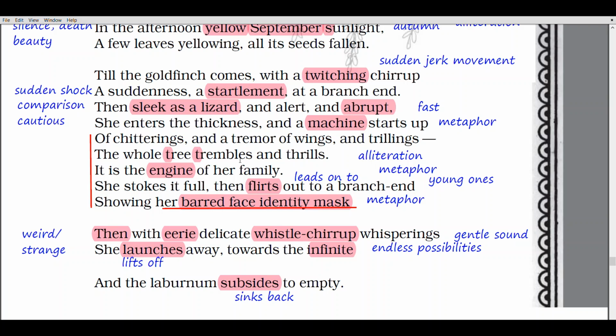So machine refers to the young ones, the bird's young ones. Till then, the young ones were silent, but upon seeing their mother, the young ones have started making noise like a machine, like a very loud noise like a machine. And they become very active and very lively because their mother is home. So a machine here represents a direct comparison.